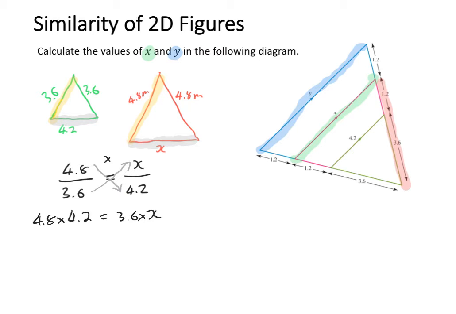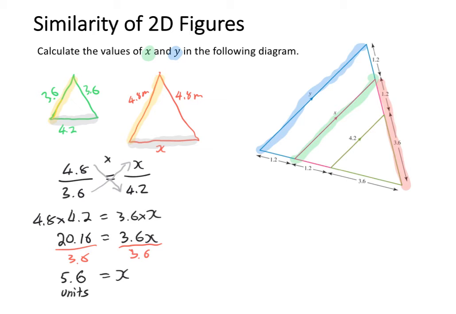So 4.8 times 4.2 is 20.16. So 20.16 is equal to 3.6x. To find my value of x, I need to divide both sides by 3.6. So 20.16 divided by 3.6 is going to equal 5.6. So my value of x is equal to 5.6. And because there's no units of measurement, I can just add in units.